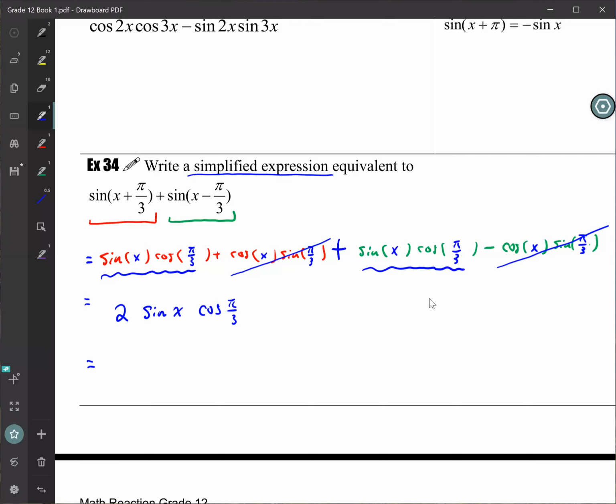We are gonna stay overnight if you don't tell me. Because I know you know this. Okay, take a look. We have 2 sine x cosine pi over 3. Is there any part we can still do something? I'm not gonna say anything. Should I play some music then to help you think?